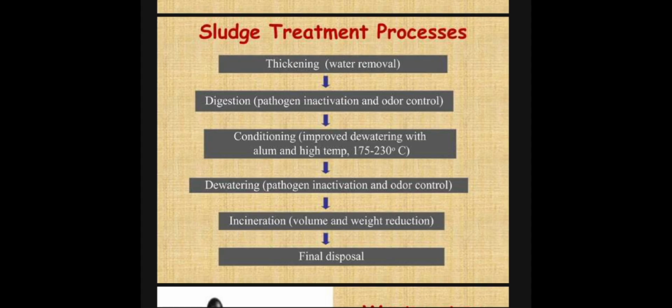Here the water is treated, and the sludge also we need to treat, because the sludge might have some pathogens and bacteria that could be harmful to human beings.